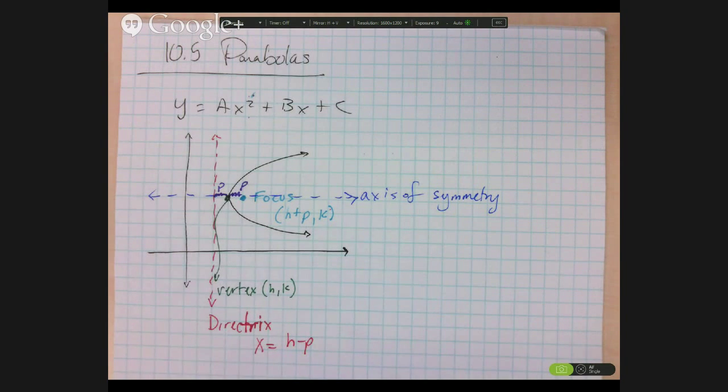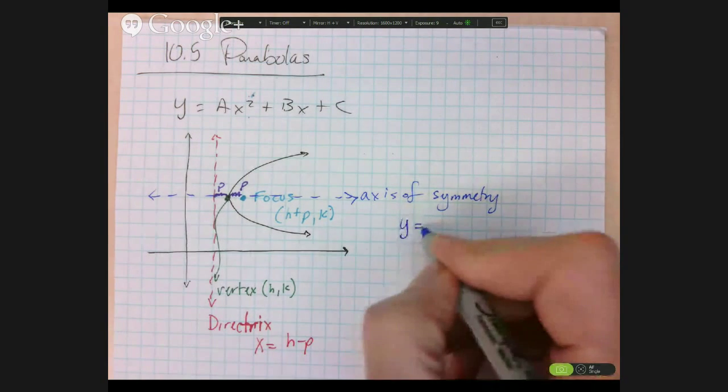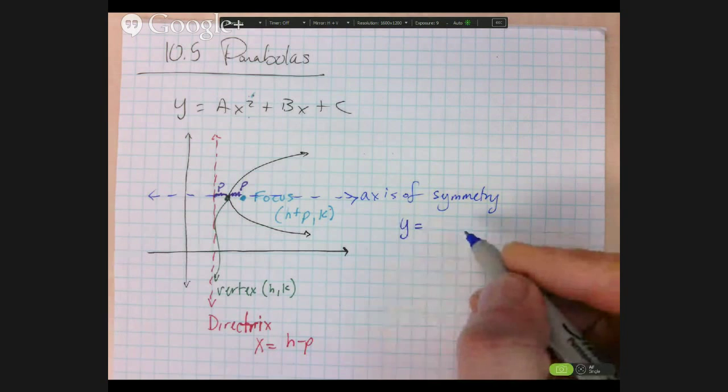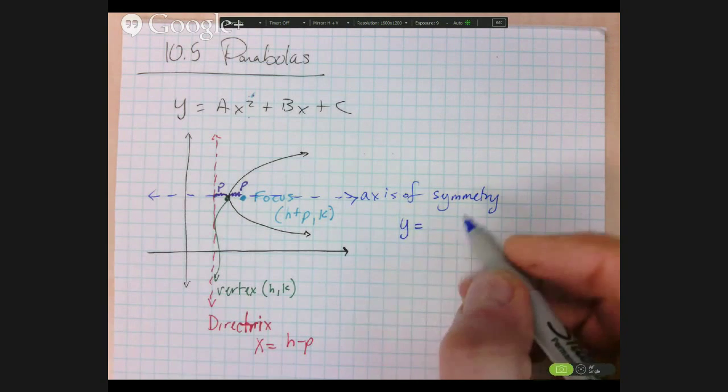Okay. And the axis of symmetry is y equals, what's the y value? Okay.